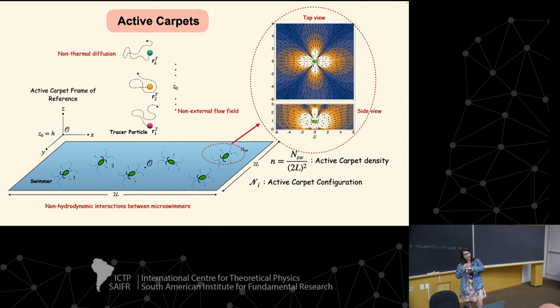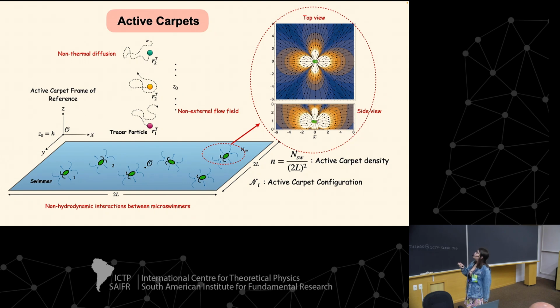So the microswimmers are only moving and forming these nice architectures, but they are not interacting between microswimmers, although they are steering the fluid, and we can measure how large these fluctuations or this steering is when we put a probe particle at different heights, okay?